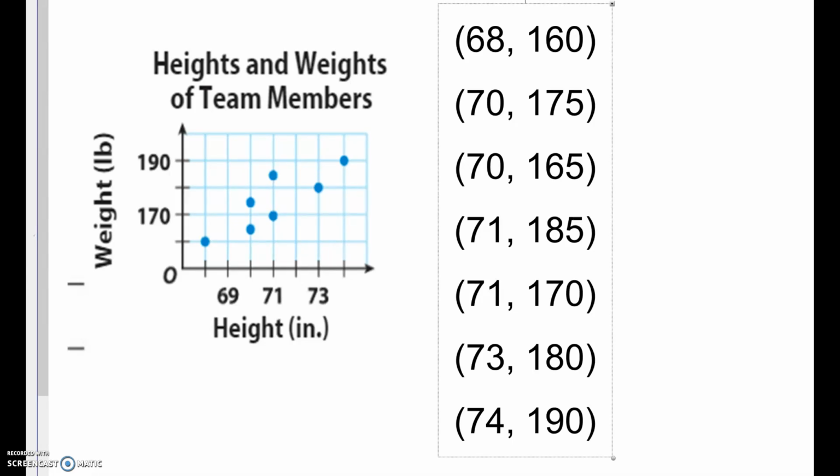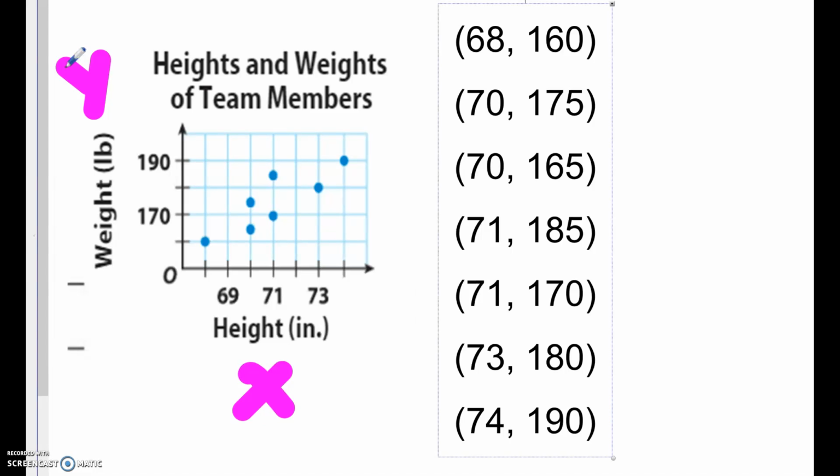Anyway, so my height is my input, my X, and my Y is my output, which is my weight. So every X can only have one Y.